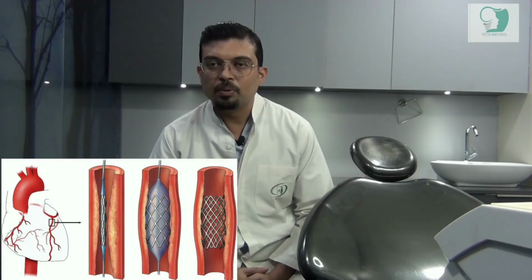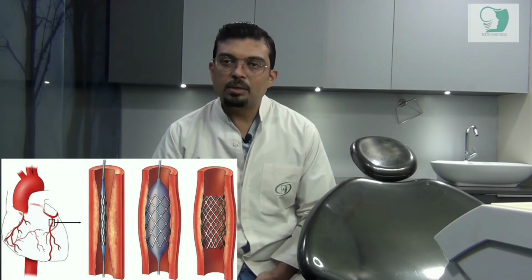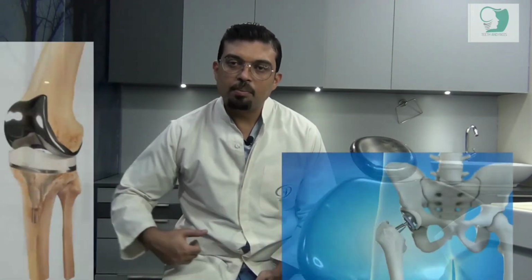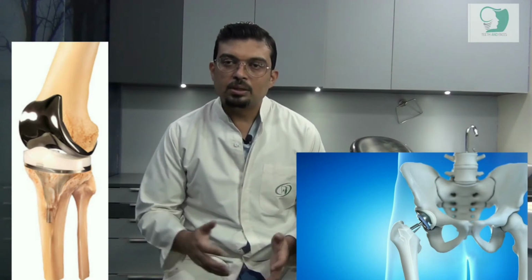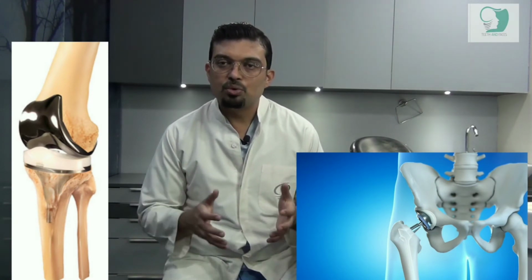Titanium is one of those materials. Titanium is most commonly used inside the body for other medical procedures, such as cardiac stents in angioplasties, knee replacement implants and hip replacement implants. These implants are made up of titanium and placed into the body, and they don't react.